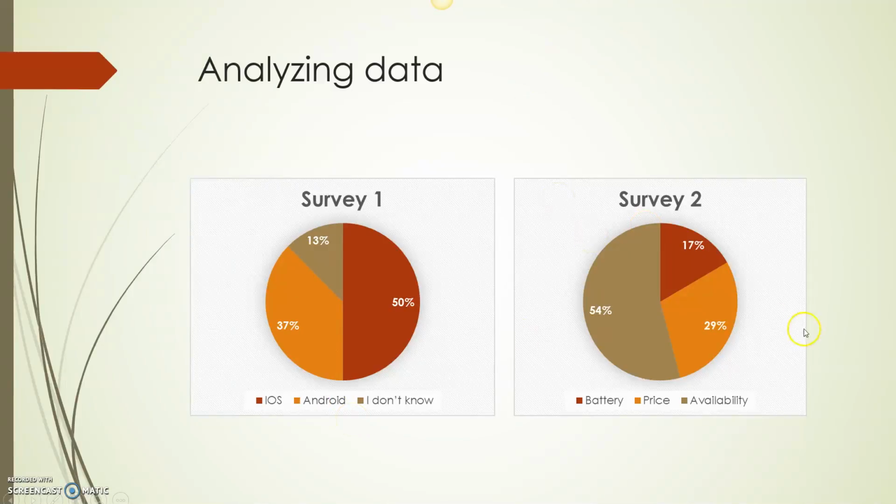In my second survey, it shows that 54% of the people, the least they care about is the availability, and 29% of the people care about the cost, and 17% the least they care about was the battery, which means that they wouldn't mind the availability, but they would mind everything else.